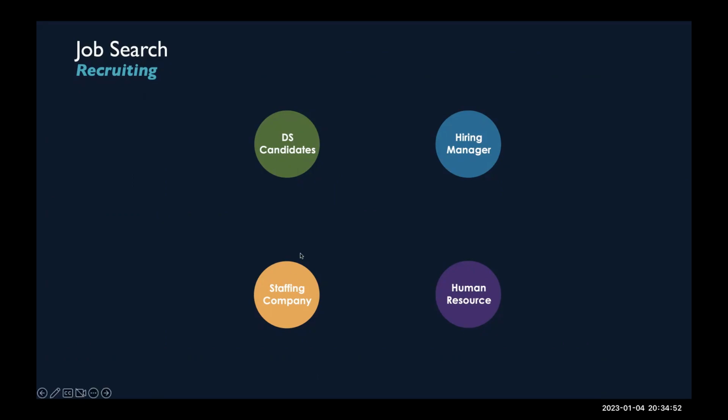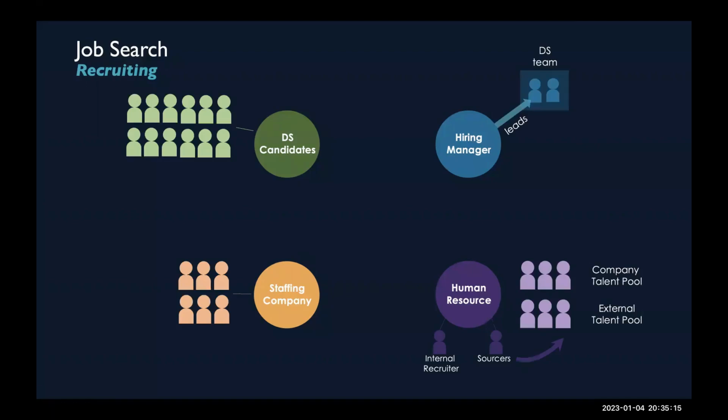This slide was originally created for data science students, but it's pretty much the same for data engineers, right? So there are four different types of people in this ecosystem. It's a people business, right? We have candidates, hiring managers, HR, and staffing companies.